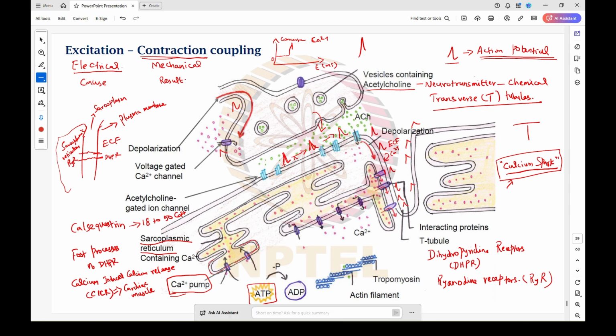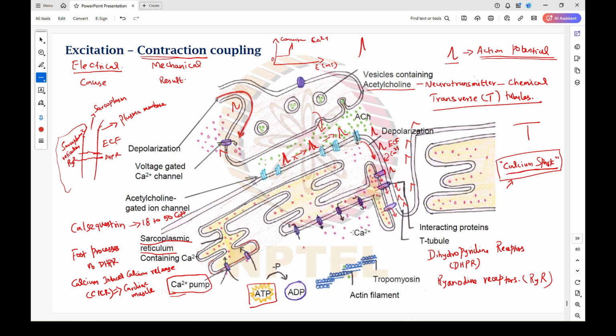So upon signal from RYR, the calcium ions that are present within the sarcoplasmic reticulum are released to the sarcoplasm, and this is what causes a calcium spark.